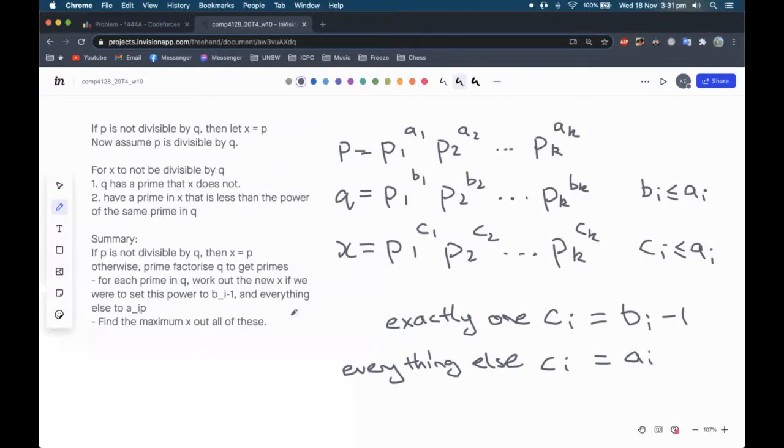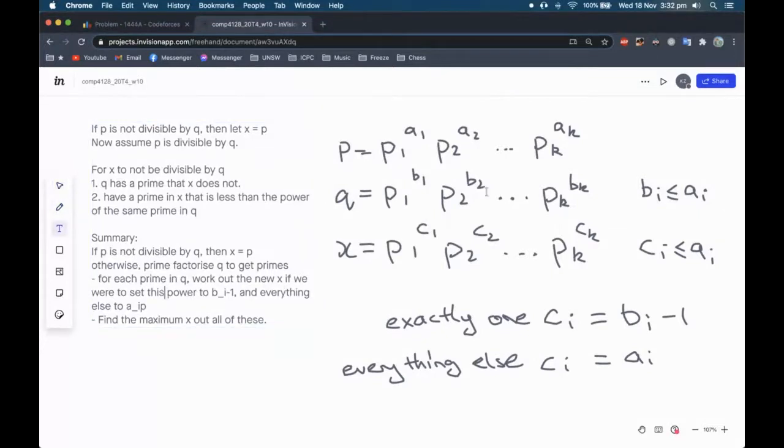But that's kind of okay because it doesn't actually affect our next step here, which is, since for every prime in q, we want to make the prime in x 1 less than that, right? So we do that for every single prime in q. And then the way we calculate the x is we just calculate how much we would need to divide p by to get the new answer.